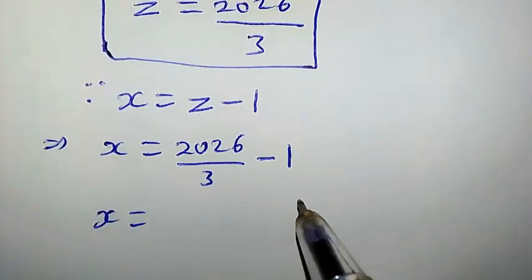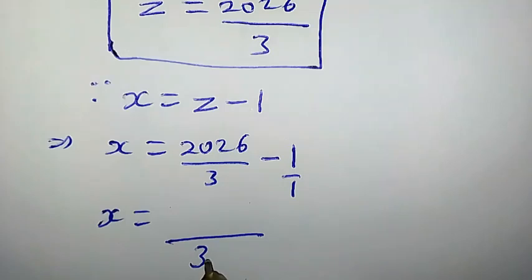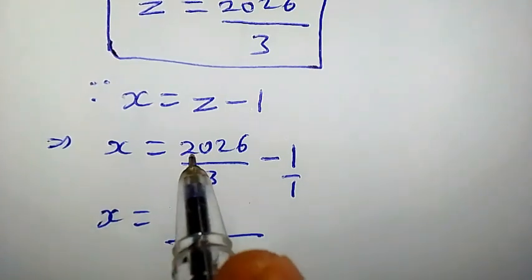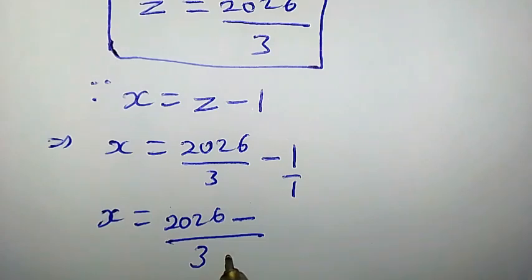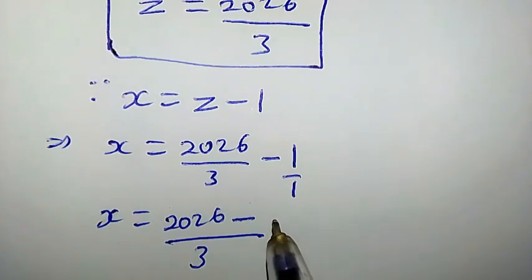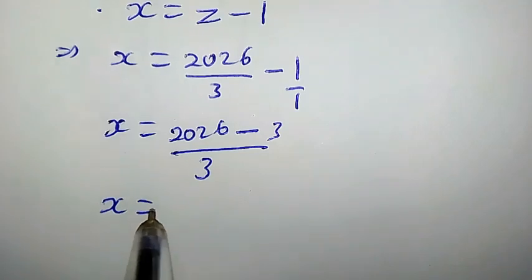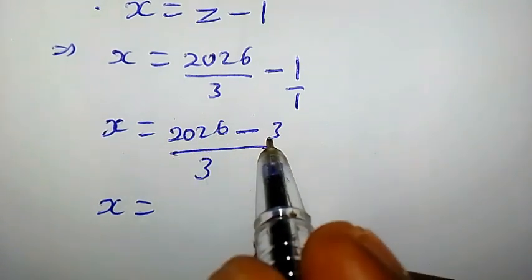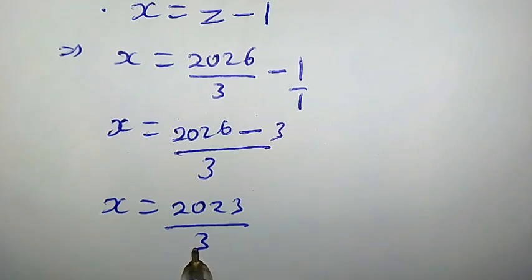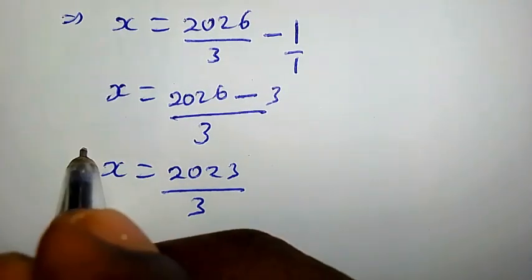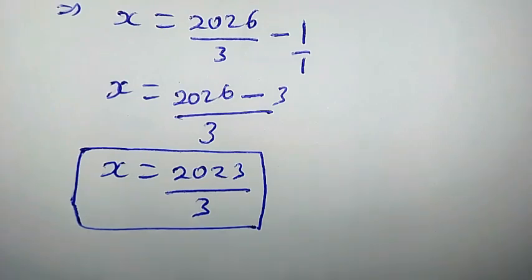For x, we can take the LCM. The LCM here is 3. 3 divided by 3, that is 1, 1 times 2026, that is 2026. Minus 3 divided by 1, that is 3, 3 times 1, that is 3. So x is equal to 2026 minus 3, that is 2023 over 3. Clearly, our value of x is 2023 over 3.